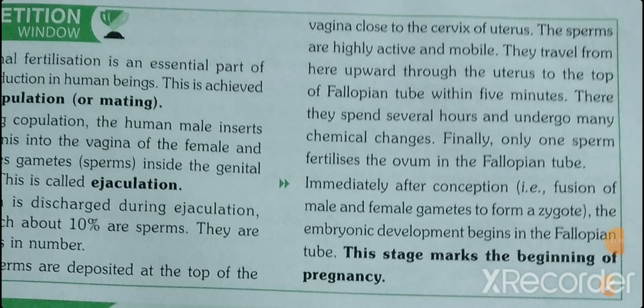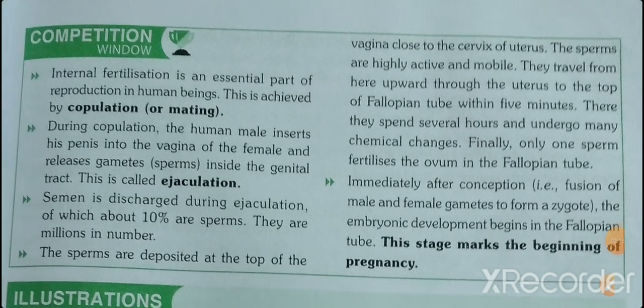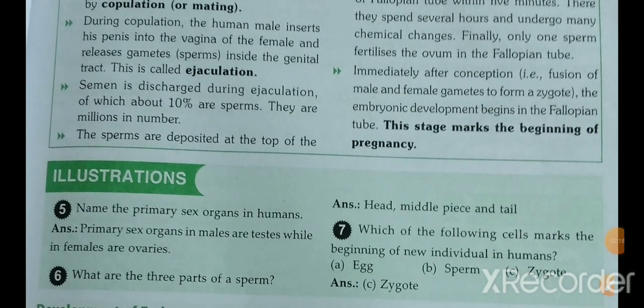This is called fertilization, the formation of the zygote, which is called conception, that is, the fusion of the male and female gametes, which leads to the formation of the zygote. So the embryonic development begins in the fallopian tube. This is what we call the first stage of pregnancy.